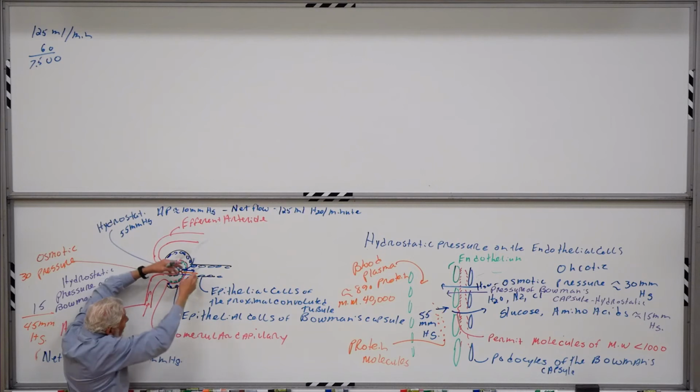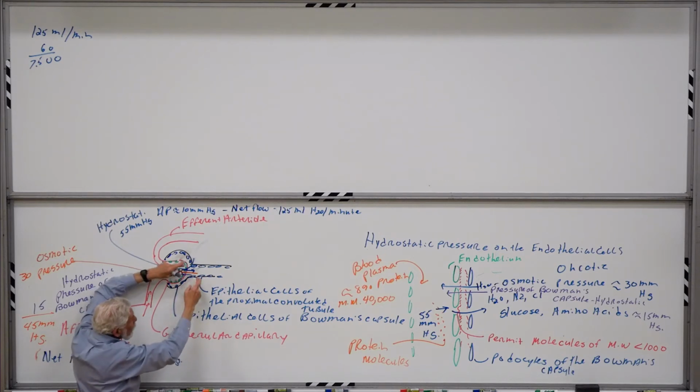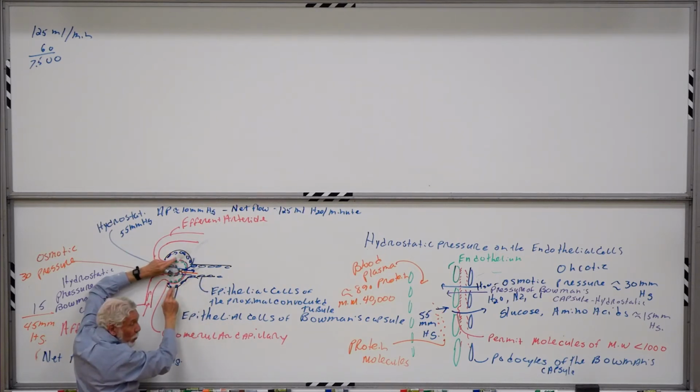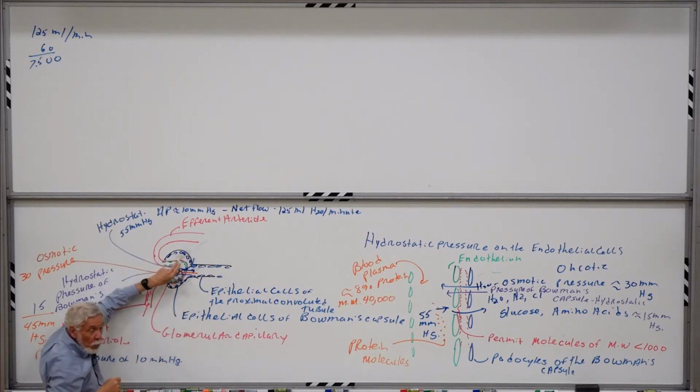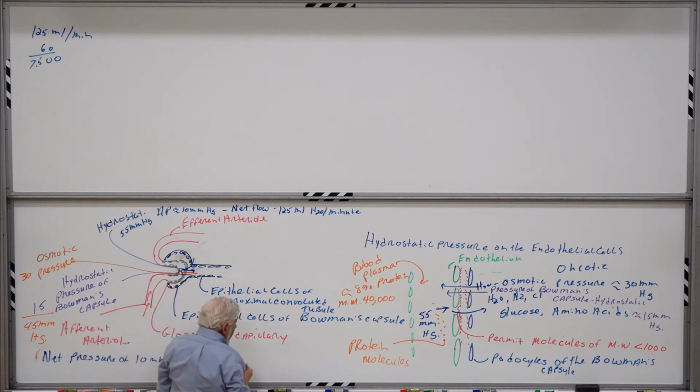So you can think of the proximal convoluted tubule as being a drain that comes out of Bowman's capsule, and we're draining the fluid out of Bowman's capsule into the proximal convoluted tubule.